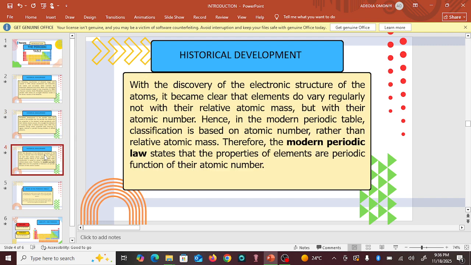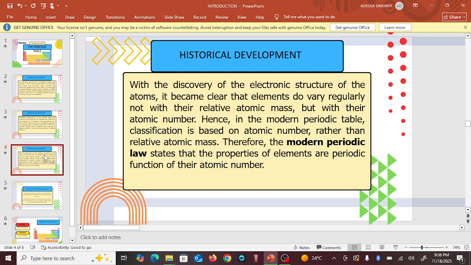Alright, but when the electronic structure of the atom was discovered, another thing happened. Then it became clear that elements do vary regularly, not with their relative atomic mass, but with their atomic number.